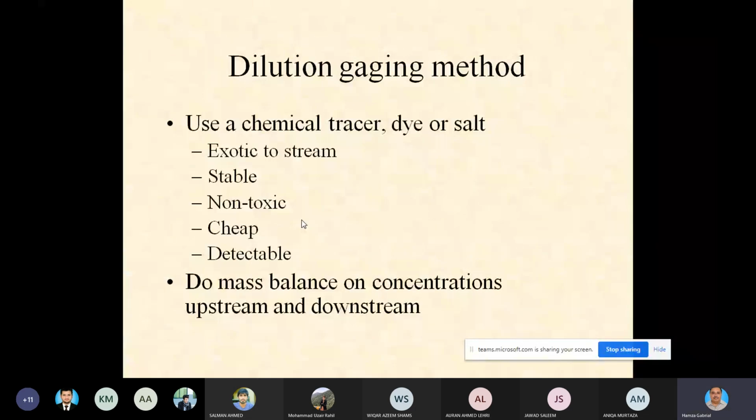Then the tracer dye or salt should be detectable because you have to find its concentration. You carry out the mass balance on concentrations, both upstream and downstream, and by utilizing the formula, you can find the discharge.